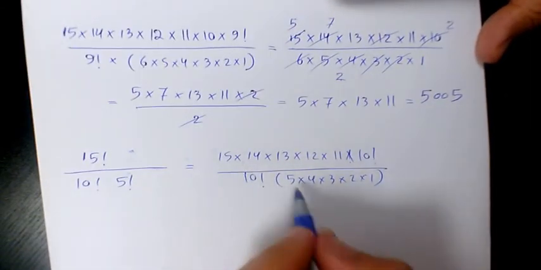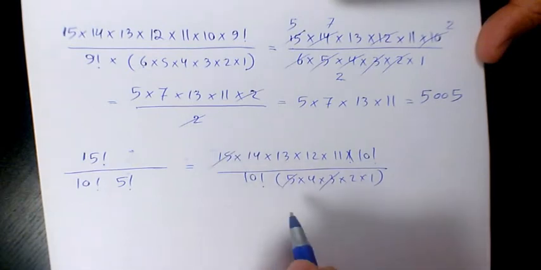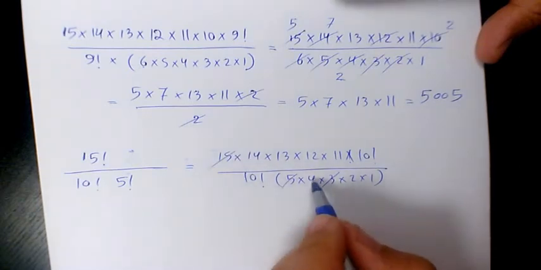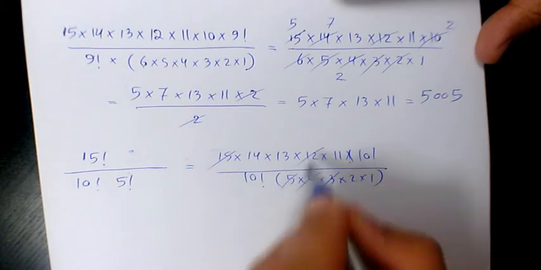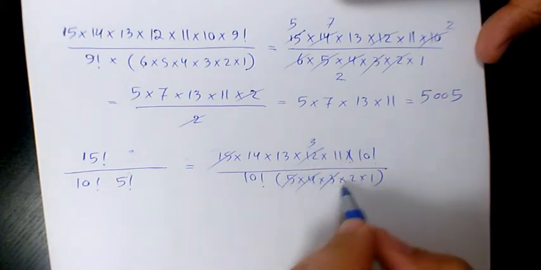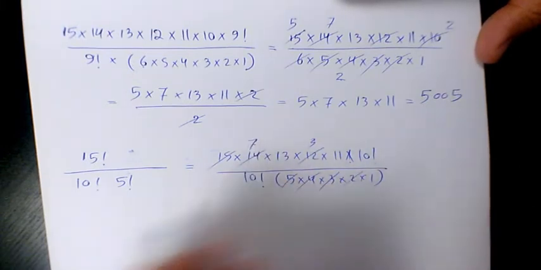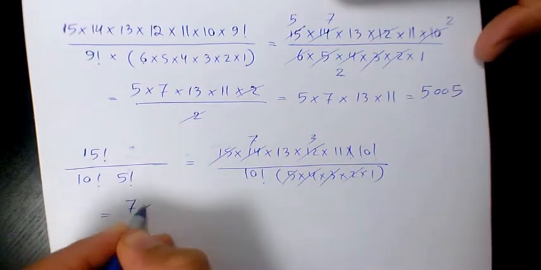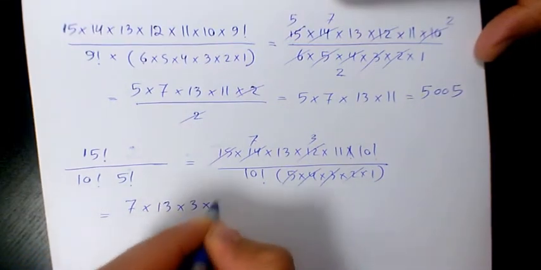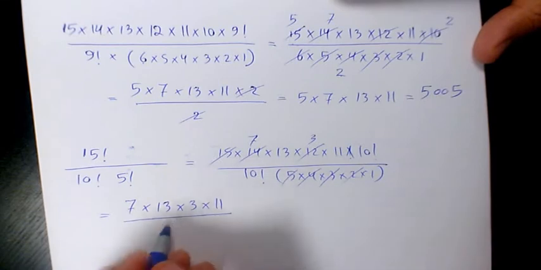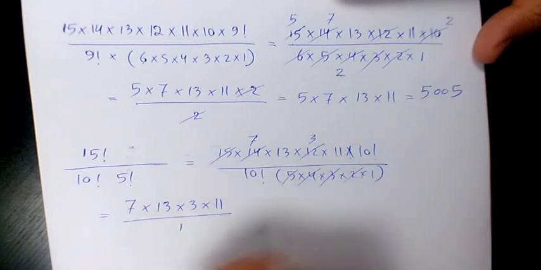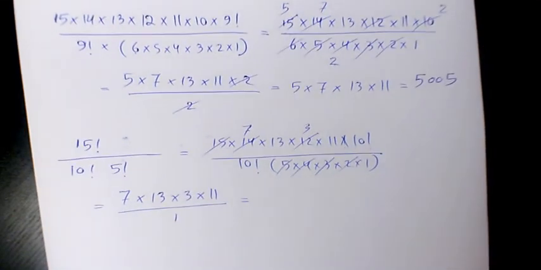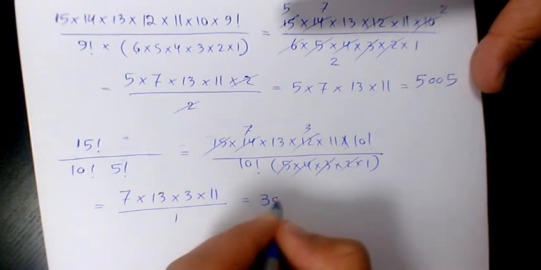Then I can say 5 and 3 cancel out with 15, and 4 and 12 is going to leave me 3 here, and 2 and 14 leave me 7. So it's going to be 7 times 13 times 3 times 11 divided by 1, which is going to be nothing. So 7 times 13 times 3 times 11, that's going to leave me 3,003.